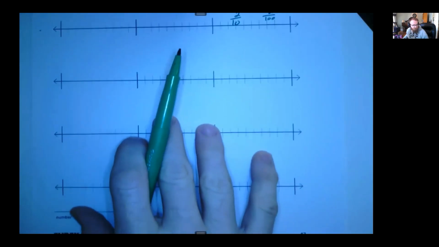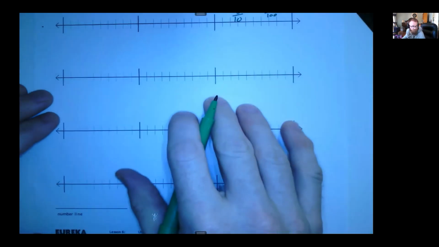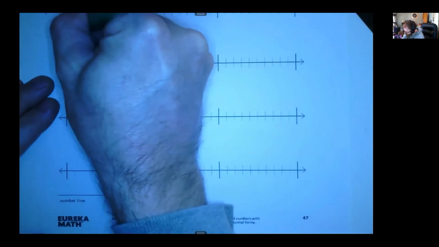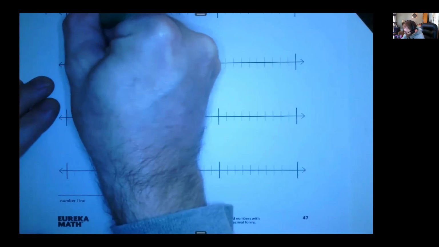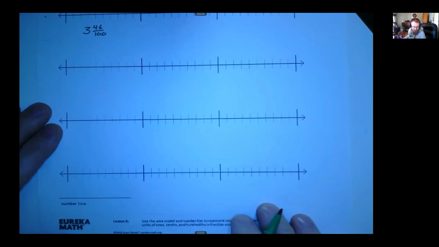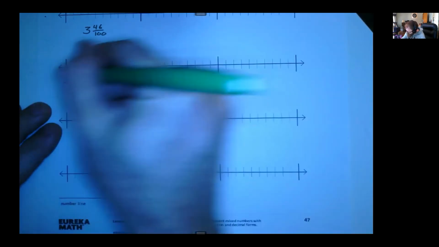Let's try the same thing with a different number. Move down to a clear number line on your template, and let's represent 3 and 46 hundredths. So let's show that mixed number right here, 3 and 46 hundredths. Since we are representing an amount that is greater than 3, let's start our number line with 3.